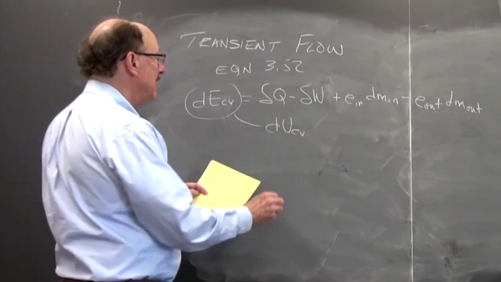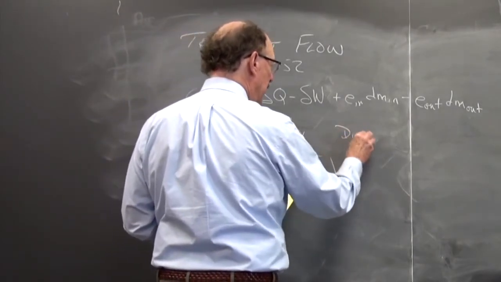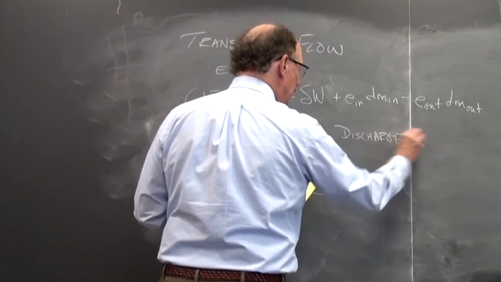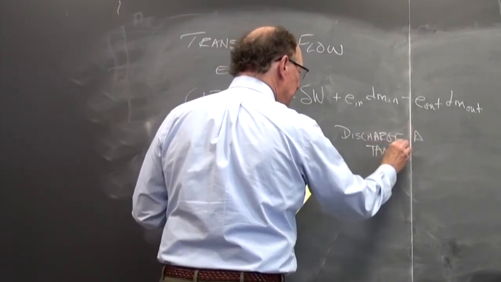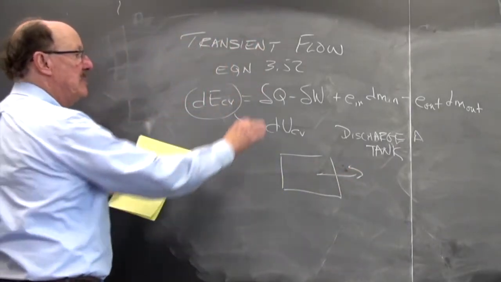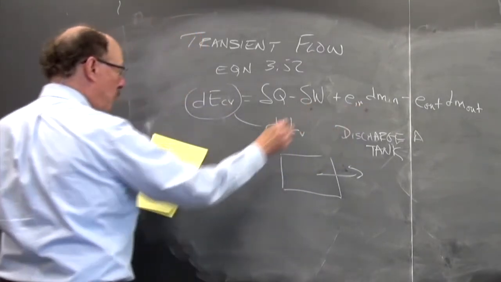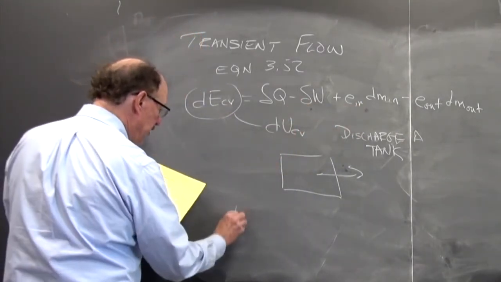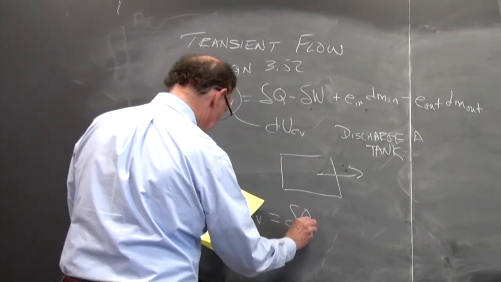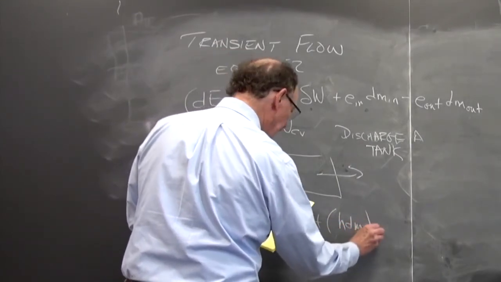And first, let's discharge the tank. So if I'm going to discharge the tank, I'm going to have stuff leave it, and I'm going to simplify it by this equation. Nothing's going in, there's no work done, and so this equation, change of the energy of the control volume, is equal to delta Q plus H dm out.